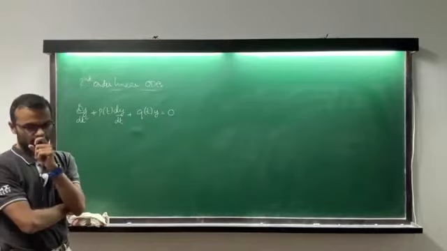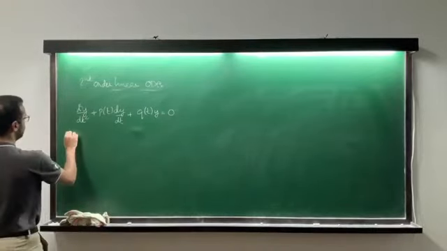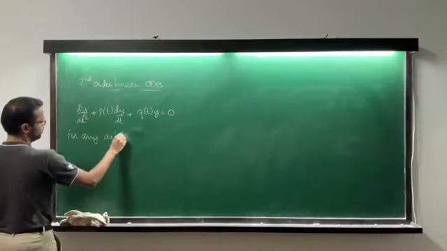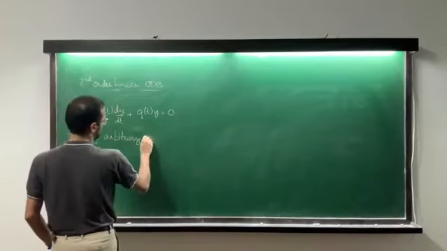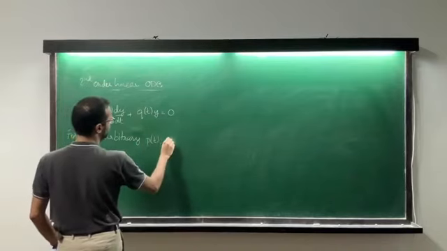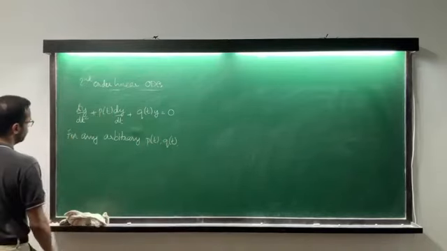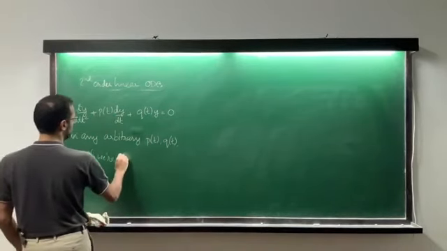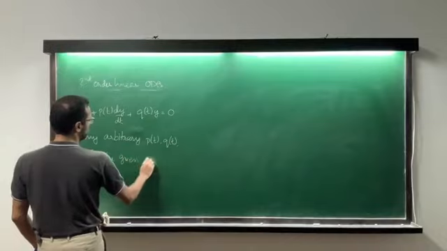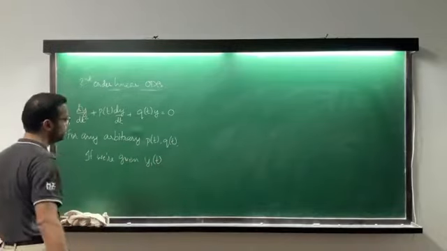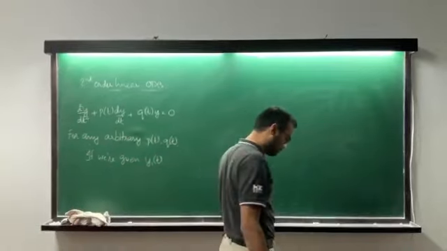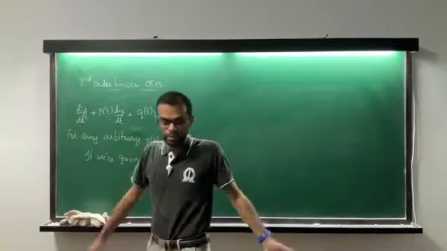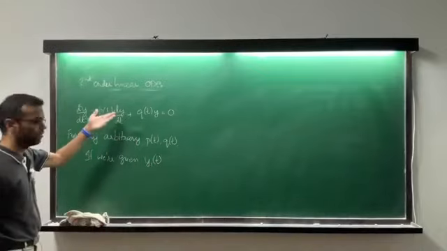The best we can do, it turns out, for any arbitrary P of t and Q of t, is the following. If we are given y1 of t, somebody came to us and gave us one solution, or you could guess the solution from the nature of this ODE.